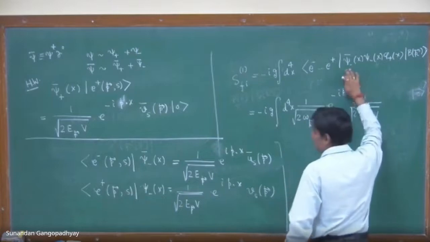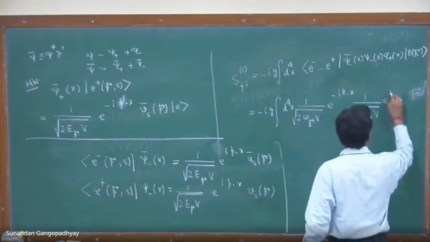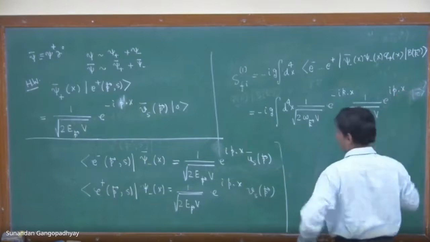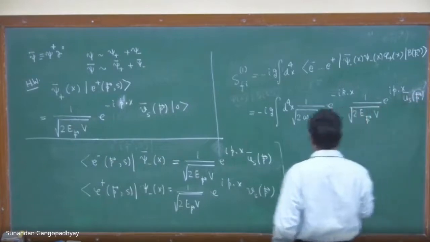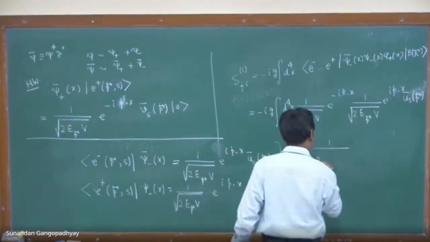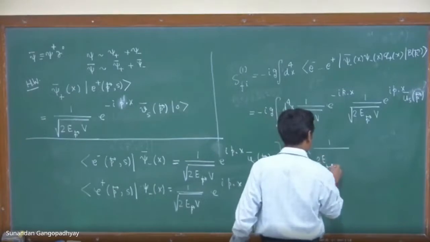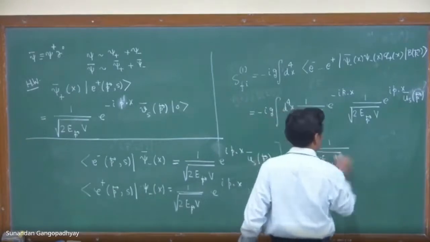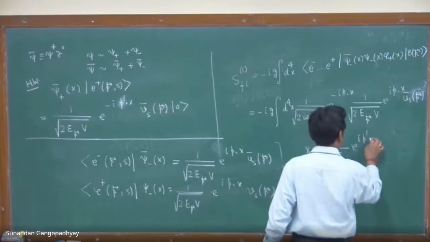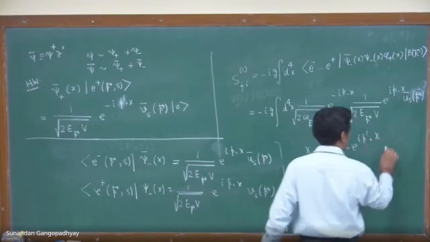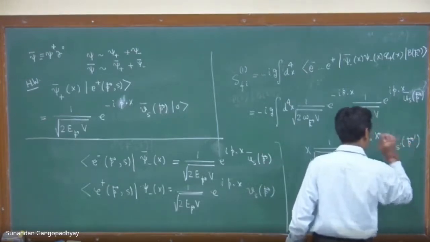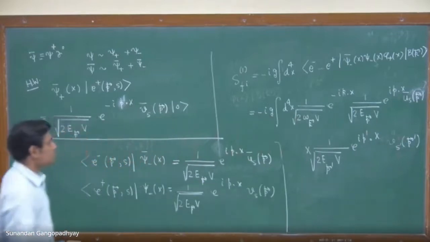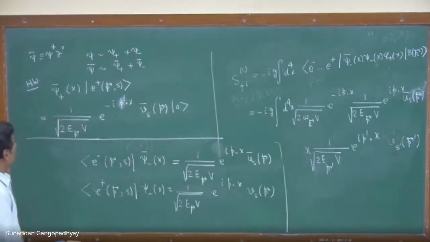Let me first write down psi bar minus. For that, we get e to the power i p dot x, multiplied by this. So this is what we should do.